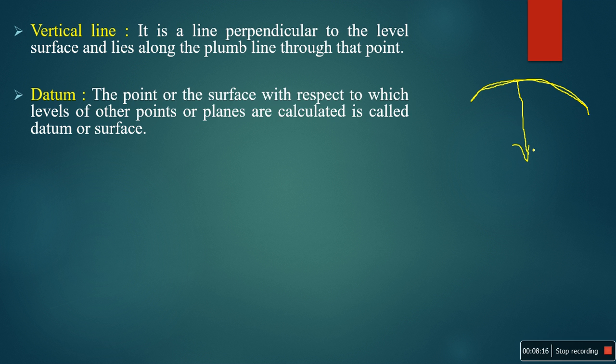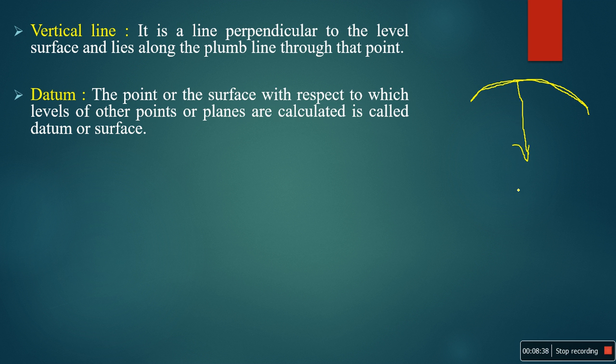Similarly, datum. A datum is a point or a surface with respect to which the levels of the other points are considered.